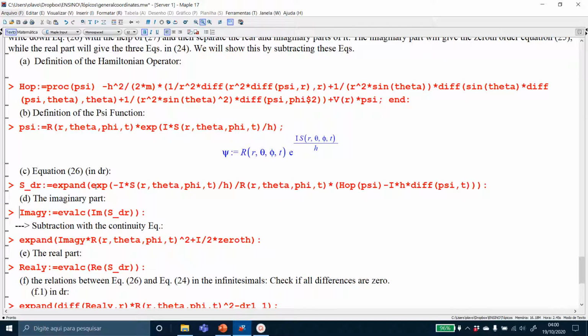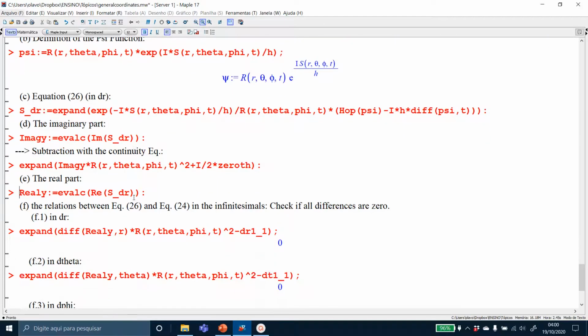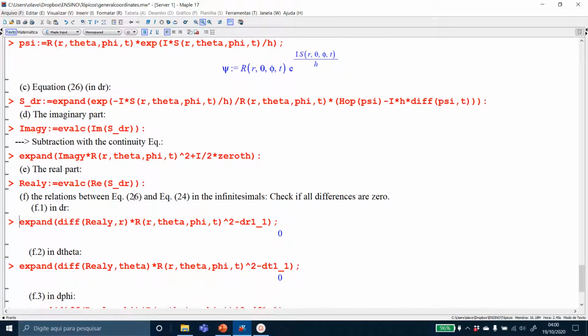Okay, then we find the term there. Note we have it here, and now compare the term in dr, d theta, and d phi with the terms coming from the equation.